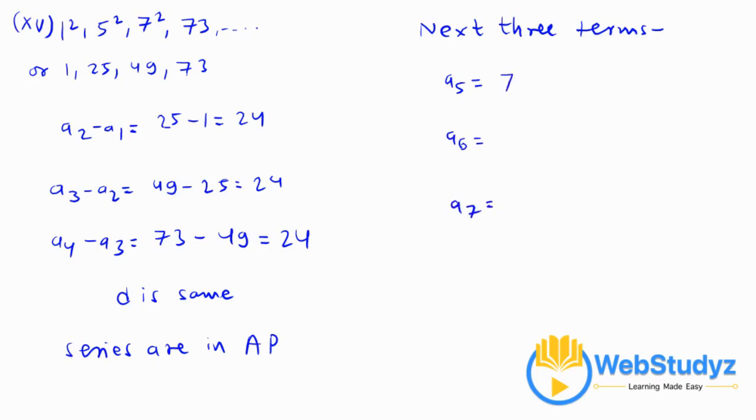A5 will be 73 plus 24, which will give us the value 97, and A6 will be 97 plus 24, which will be equal to 121, and A7 will be 121 plus 24, which will give us the value 145.